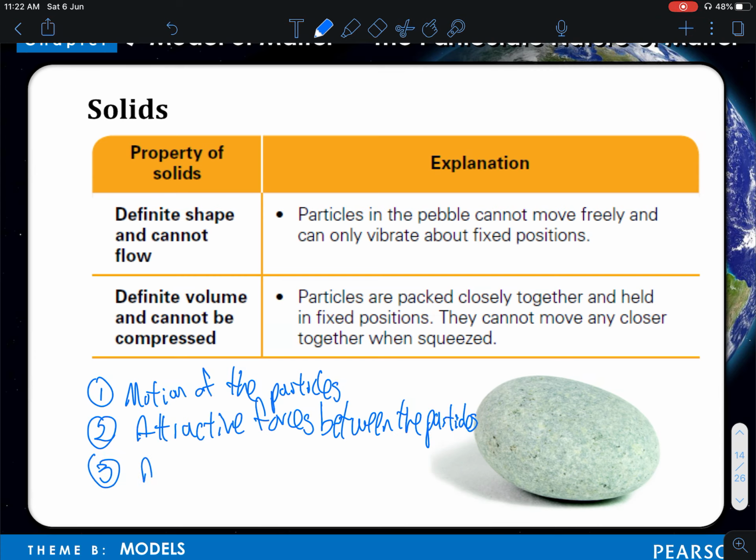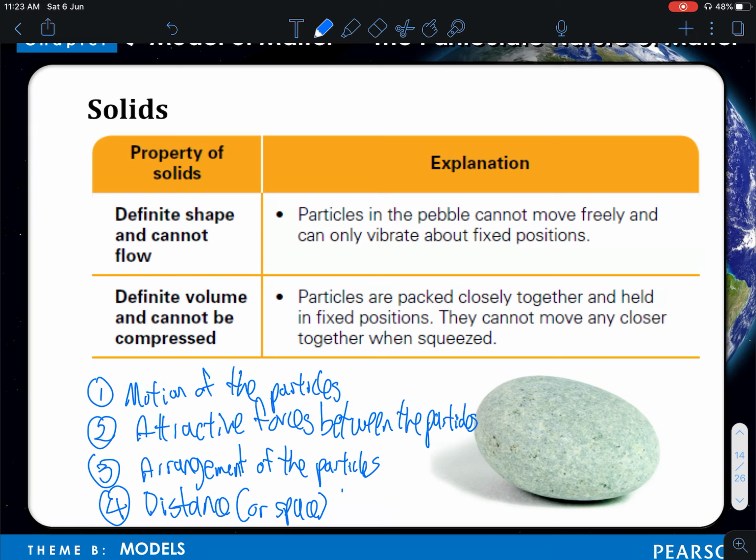Number three, the arrangement of the particles. And number four, the distance, or what we call the space, between the particles.